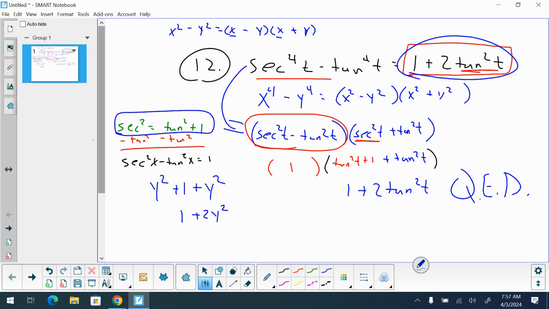We are done. What's your question, Zach? Up there you have tangent squared plus 1, and then another tangent squared. Where'd you get that? What we have right now is secant squared plus tangent squared. But what we know over here is secant squared is equal to tangent squared plus 1.